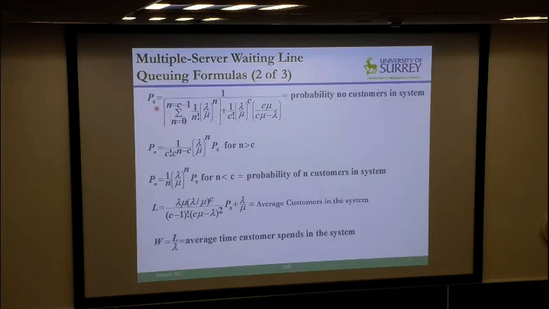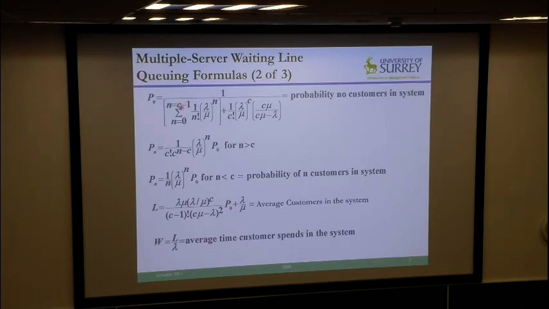First of all, the P, L, and W have the same meaning as in the single server system. When we say P0, that's the probability of having 0 customers in our whole system, so the probability of having no customer in the whole system. The only reason we have such a complicated formula is that we have more than one server.